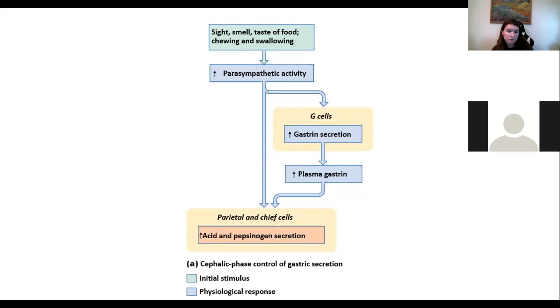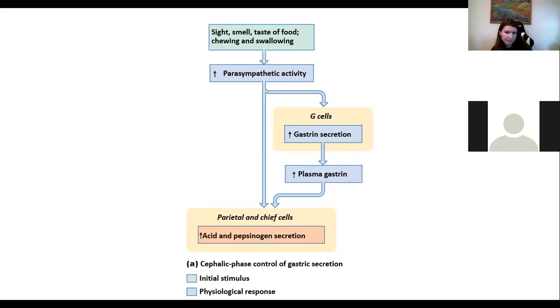So if we wanted to look at a flow chart of how this works, we see our input, right? Our initial stimulus would be the sight, the smell, the taste of food, or chewing and swallowing that food. It goes to your brain. Your brain ups the parasympathetic activity, that branch of the autonomic nervous system.